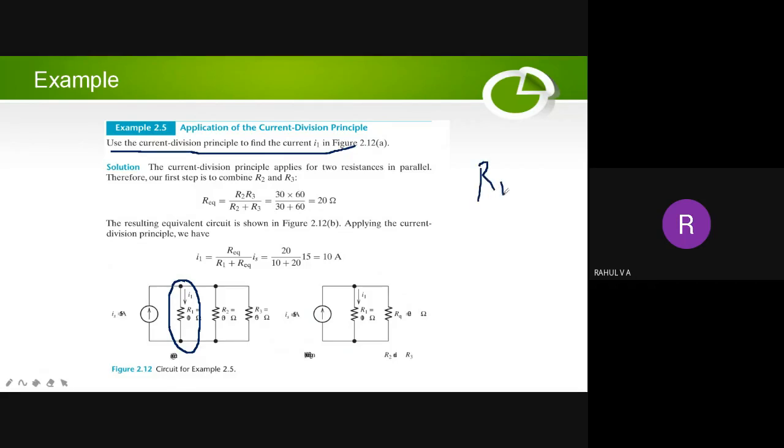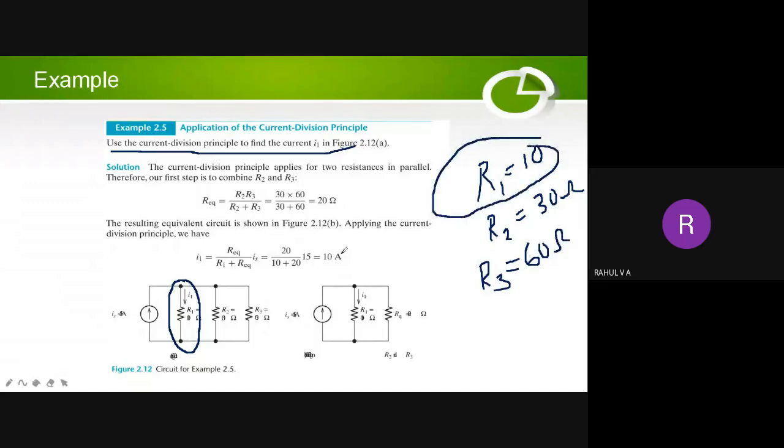It is not clear in the diagram. R1 is actually 10 ohm, R2 is actually 30 ohm, R3 is 60 ohm. And they are asking us to find out what is the current through this 10 ohm resistance.